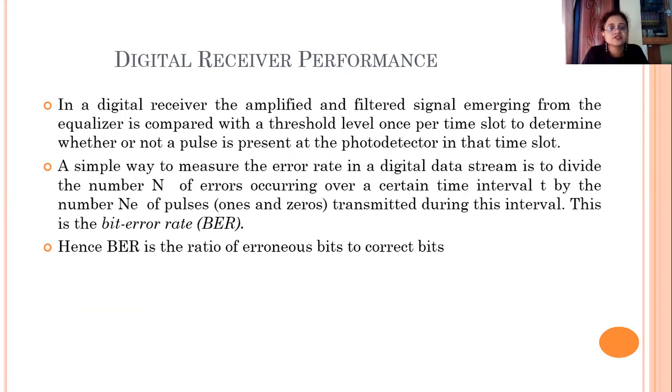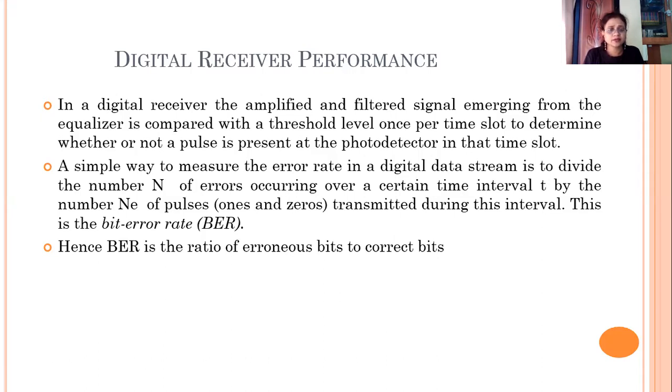So as I said, in a digital receiver, the amplified and filtered signal emerging from the equalizer is compared with the threshold level once per bit slot to determine whether or not a pulse is present at the photodetector in that time slot. A simple way to measure the error rate in a digital data stream is to divide the number n of errors occurring over a certain time interval t by the number of pulses transmitted during this interval.